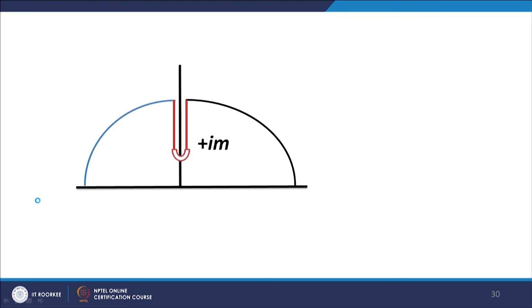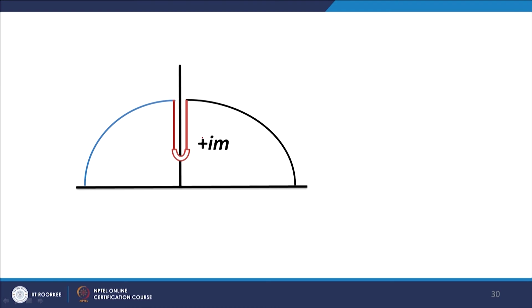Here is the figure now. You see, we want this particular integral over the straight line, and we close the contour with the semicircle. But when we close the contour with the semicircle, we have to do this additional maneuver due to there being a branch cut at plus i m.